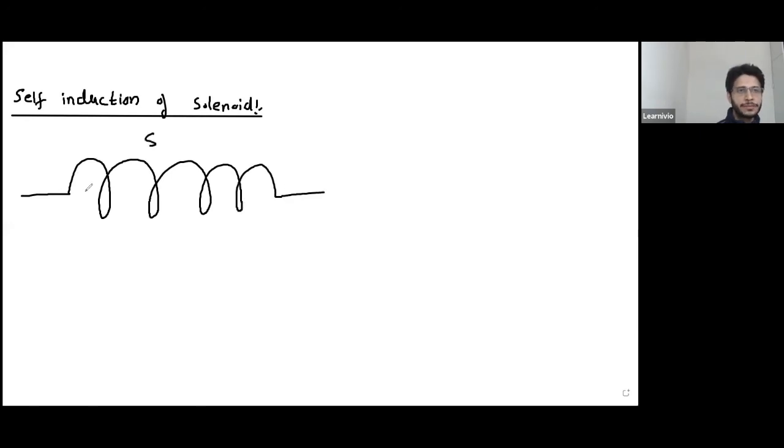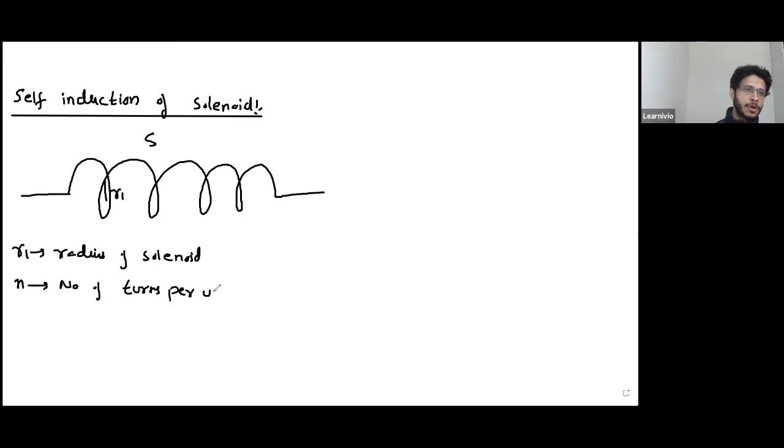The radius of each turn of the solenoid is R. So R is the radius of the solenoid. Second, n is the number of turns per unit length.